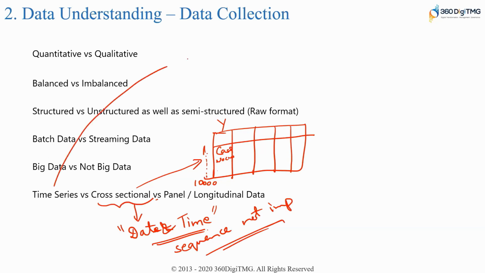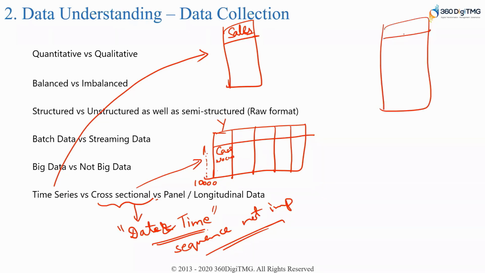On the other side, if you want to predict sales or the temperature or the occupancy percentage of aircrafts, etc., these kind of things obviously would require your data to be sorted in ascending or descending order based on date and time.